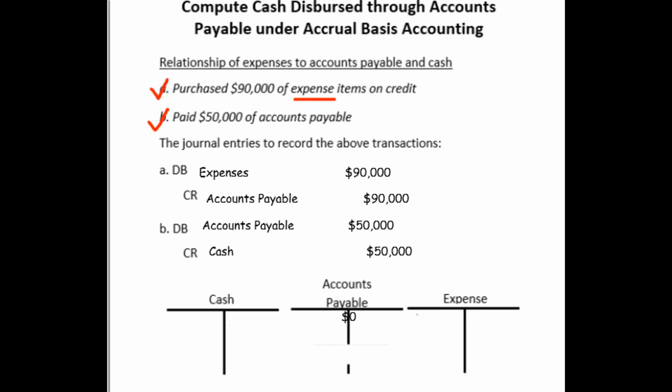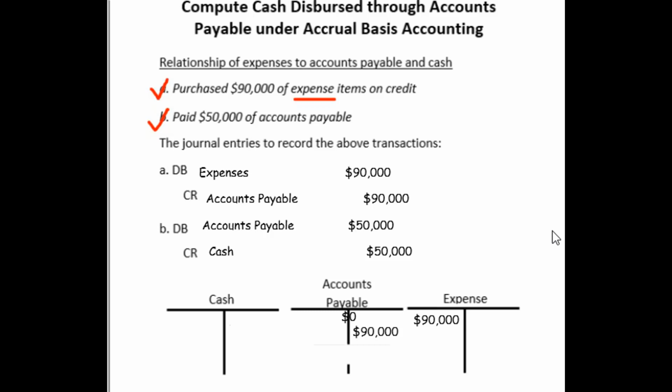So again, if we look at these two major phases and the journal entries associated with these transactions, what we'll see is we're going to debit expenses for $90,000 and credit accounts payable for $90,000.